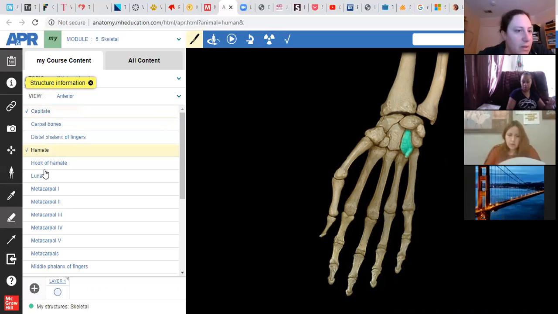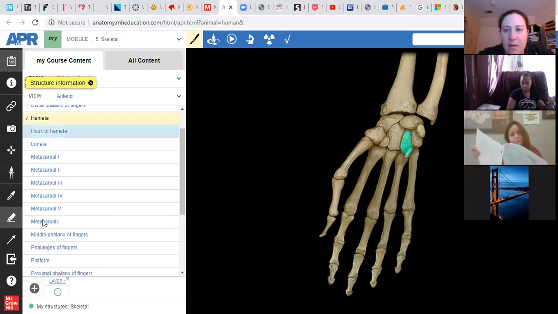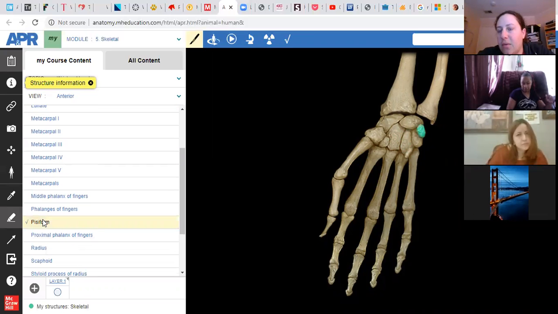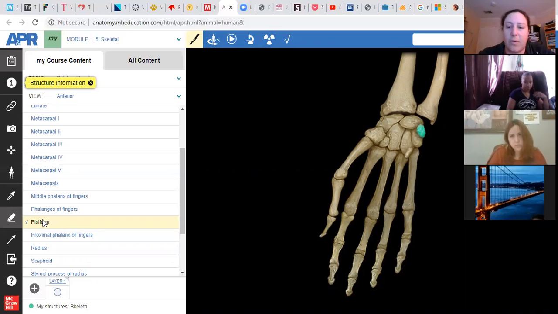Or it can be this one. And so this is a nice way to study without getting confused about it. And it's also going to be a nice way to tell exactly which one you're being asked about. Because, you know, like there's the radius. I'm not going to ask you the radius on this picture. That's stupid.